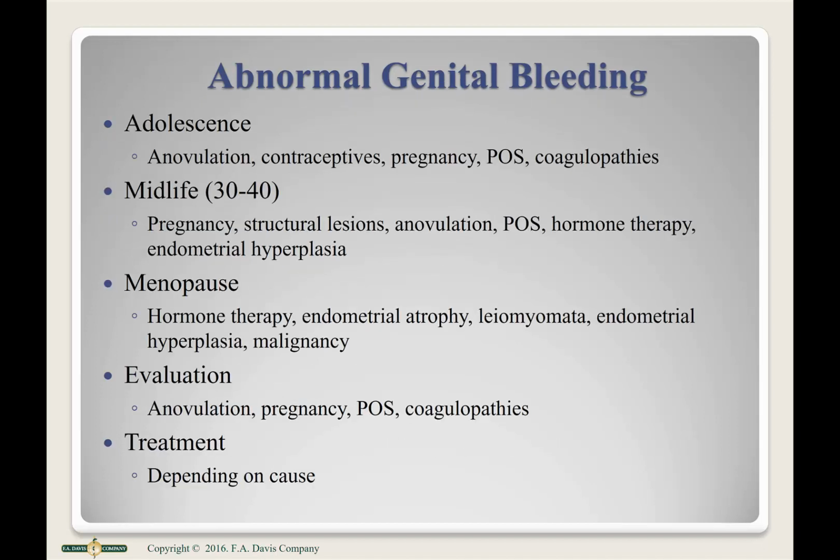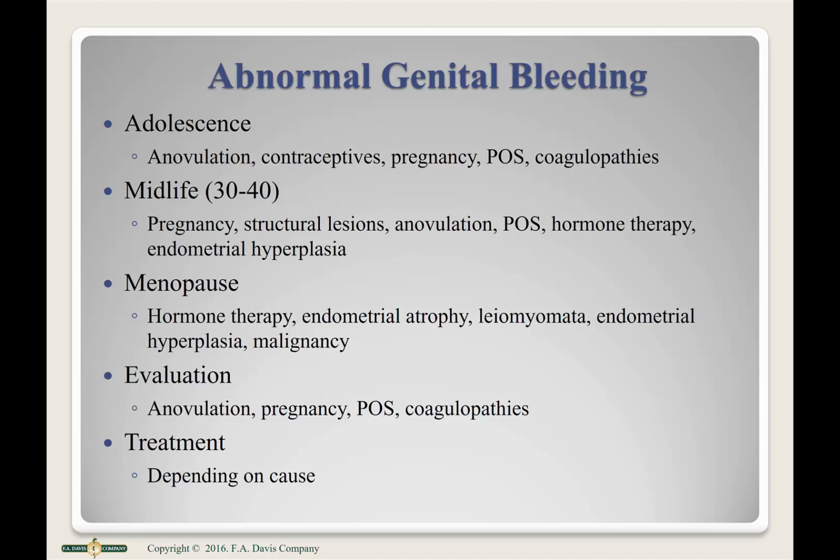So here is just, in the different life stages, what some other problems could be outside of the menstrual period. So abnormal genital bleeding. In the adolescent period, she could be anovulatory. She could be on contraceptives. She could be pregnant. She could have polycystic ovarian syndrome. That's what POS is. It should be PCOS. She could have a clotting problem.